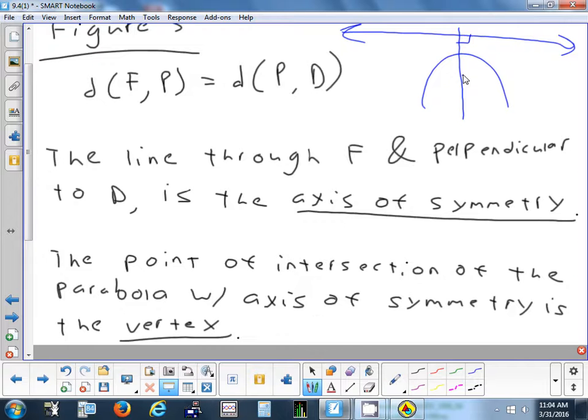The point where my axis of symmetry crosses the parabola, that point right there, that's my vertex. So another way to think of the vertex, it's like the point that is the highest in the parabola, or the furthest left, furthest right, or lowest down, depending which way it opens.